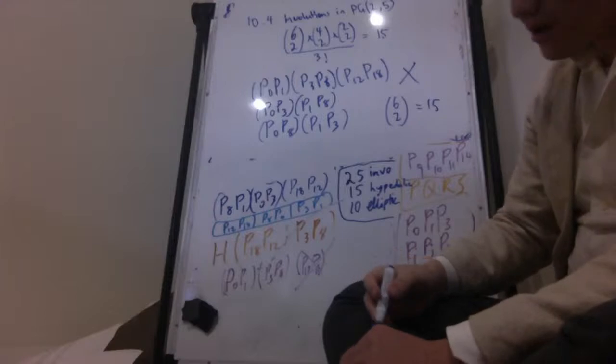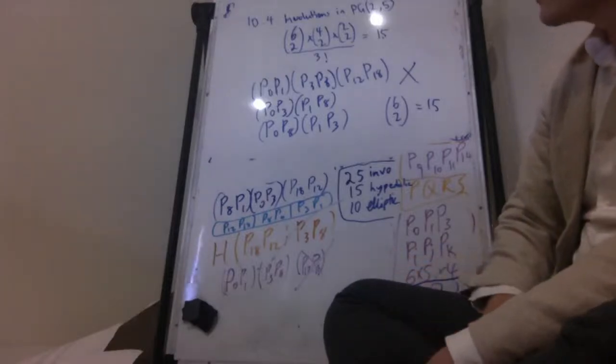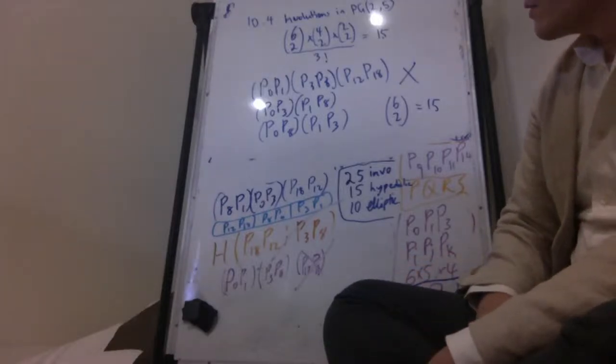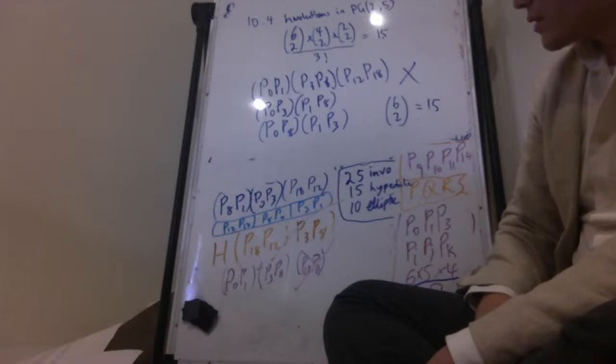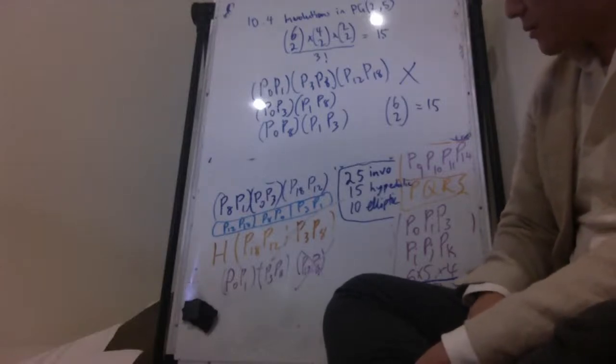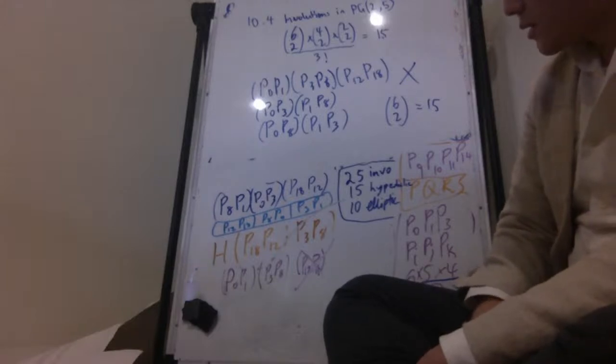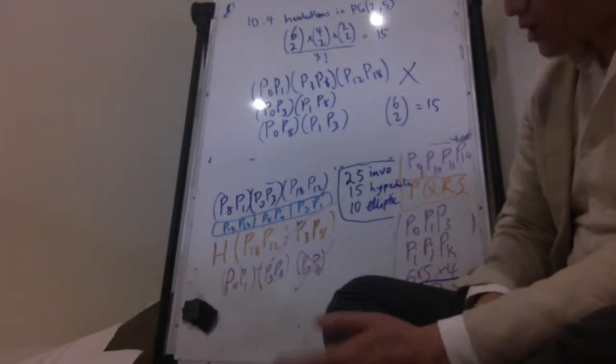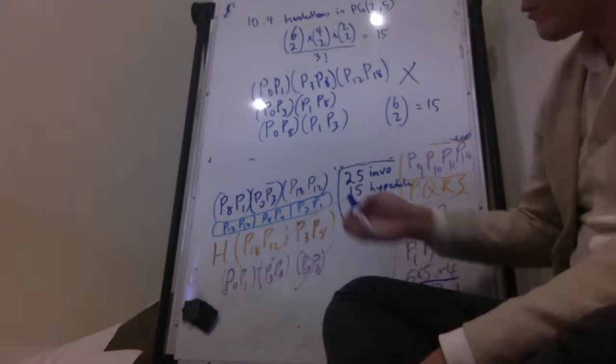So this gives us a way to count the involutions where there are no fixed points. Every involution with 2 fixed points is determined by those 2 fixed points. That's why we have 15 of them.